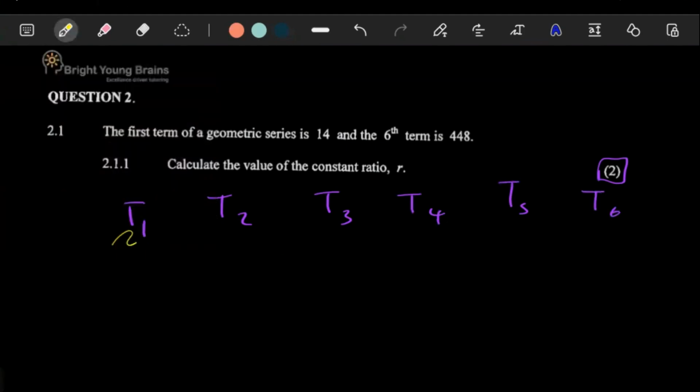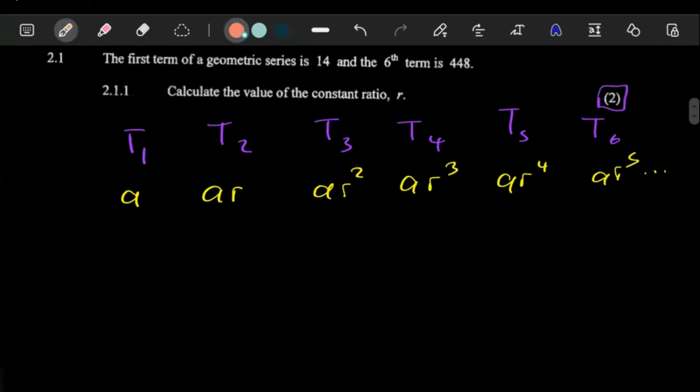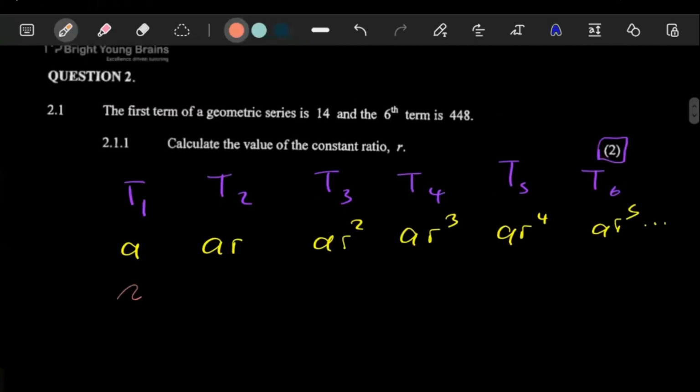They say the first term of the geometric series is 14, and the sixth term is this much. Remember, T1 is represented by A. T2 is A times R, then A times R squared, A times R to the power of 3, A times R to the power of 4, A times R to the power of 5, going on and on. What we do know is that the first term is 14.